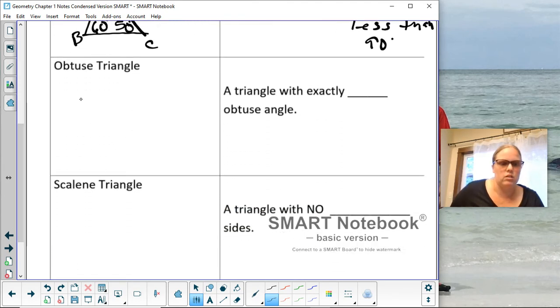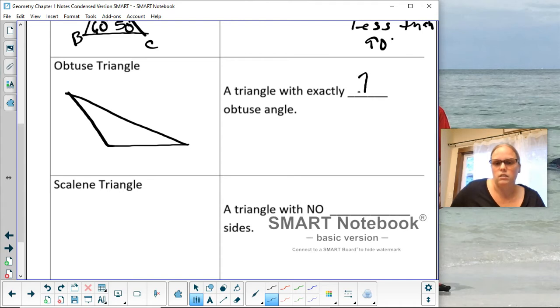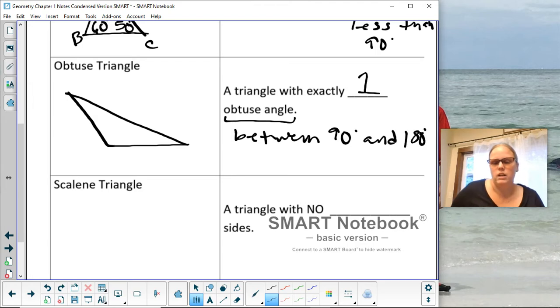Okay, obtuse triangle. Again, we have a triangle, but this time we have one angle that is obtuse, or larger than 90, but smaller than 180.